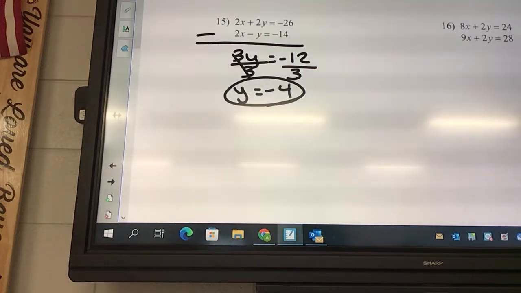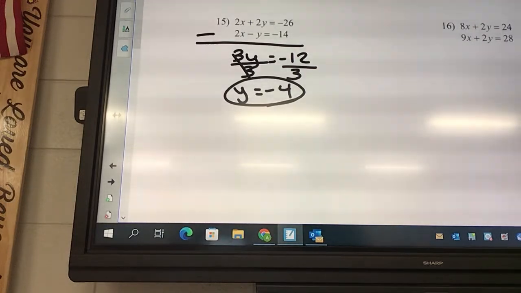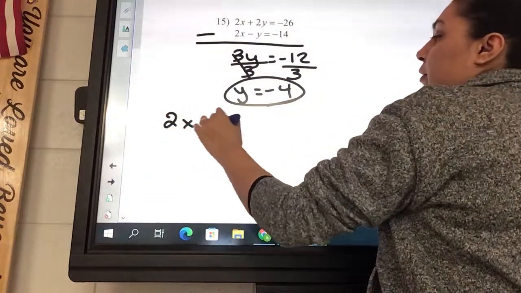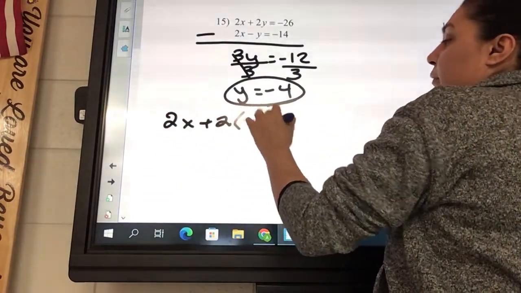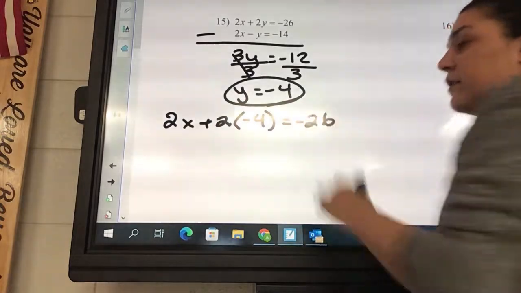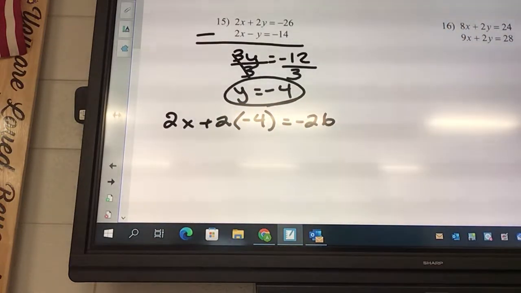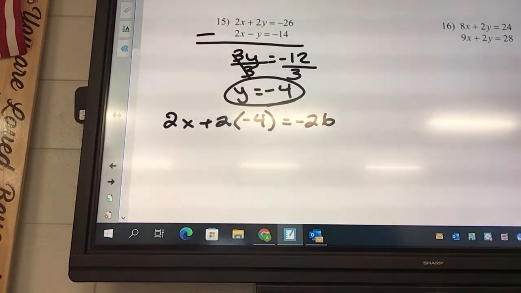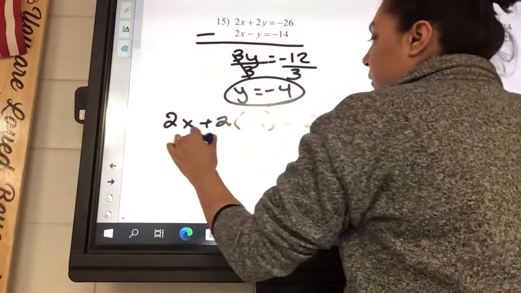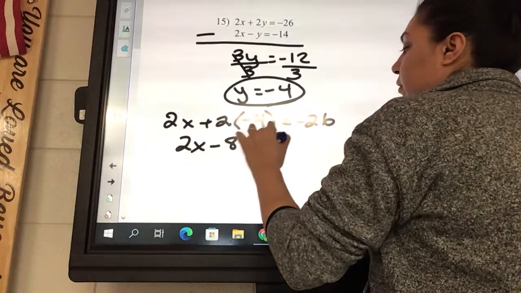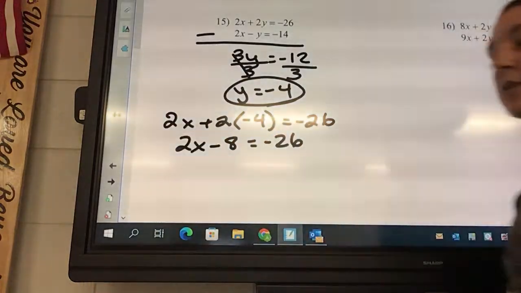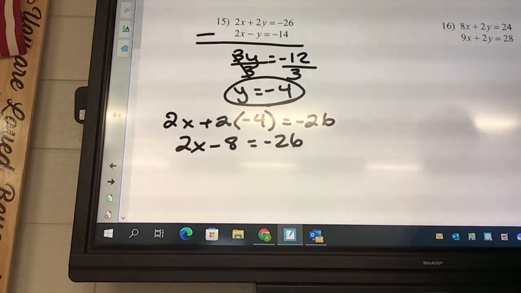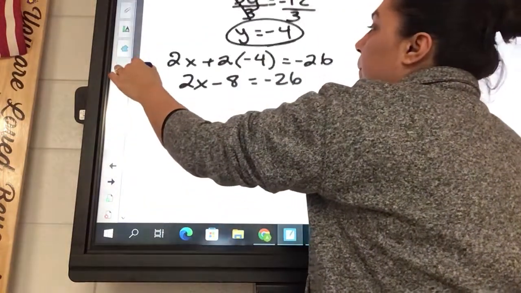Which one do you want me to plug that into? Top one? So we got 2x plus 2, and my y is -4 equals -26. So you're gonna get 2x minus 8 equals -26. Then what?